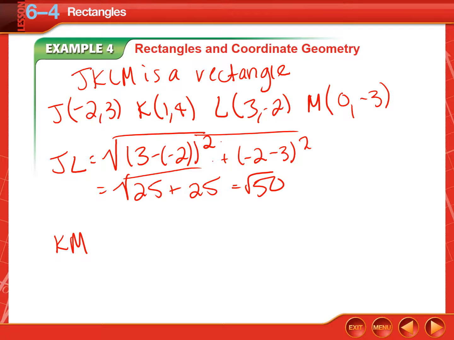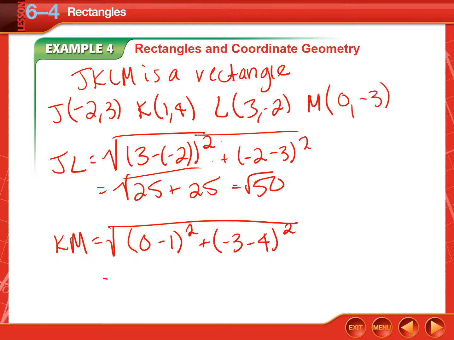All right, now KM is going to be 0 minus 1, squared, plus negative 3 minus 4, squared. So 0 minus 1, negative 1 squared, 1. Plus negative 3 minus 4, negative 7 squared.